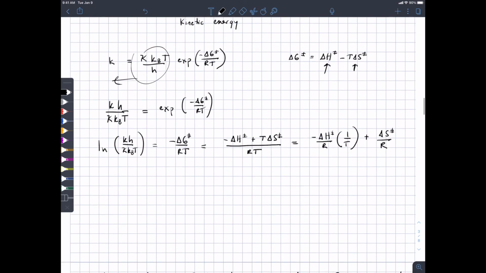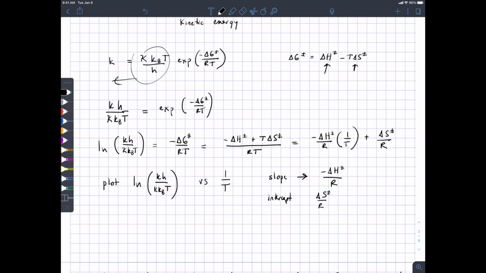So if I were to plot the natural log of my rate constant times the remaining constants here times temperature, if I were to plot that versus 1 over T, the slope of that plot is going to tell me about the activation enthalpy, and the intercept of that plot is going to tell me about the activation entropy.